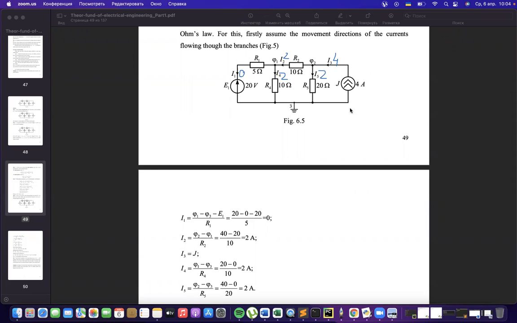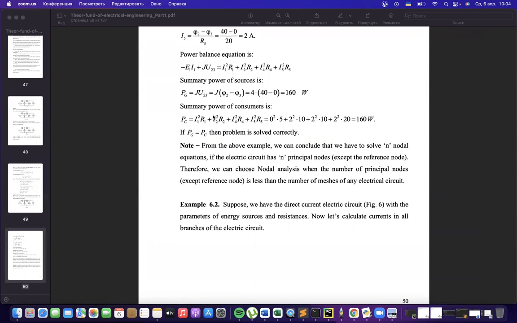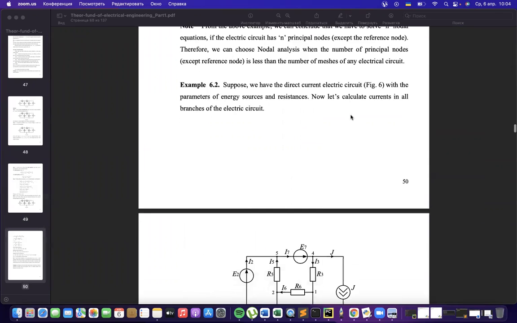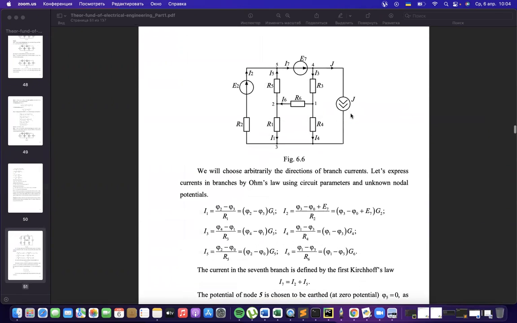And everything is okay because the current of 4 amperes is divided into 2 plus 2. And then this 2 only goes through the central branch without flowing through the resistor R1. Check it by numbers and see that everything we found is okay. Check the power balance and see that it is true.